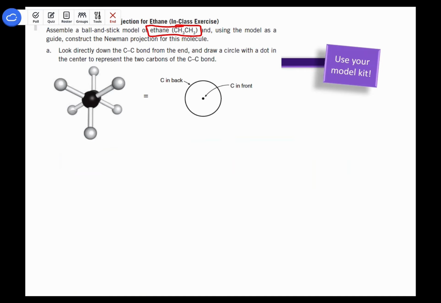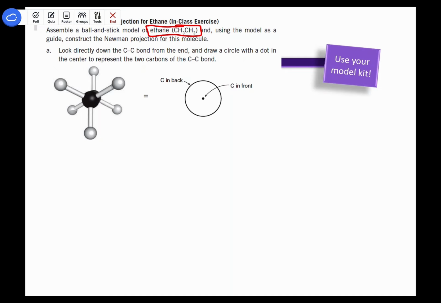Okay, so we see the 2 carbons, the 3 hydrogens on each carbon, and then we look down that carbon-carbon bond. So you can kind of hold it up to your eye. When you look straight down that carbon-carbon bond, you can't actually see the second carbon atom behind the first one. But that's okay. We know there's a carbon-carbon bond there, and we're looking at what's attached to those carbon atoms.